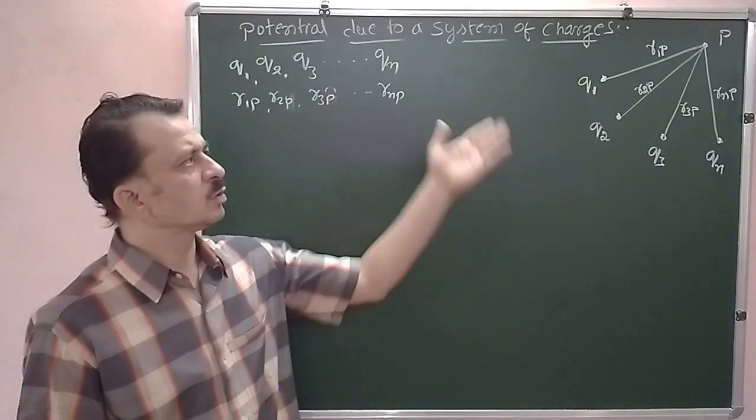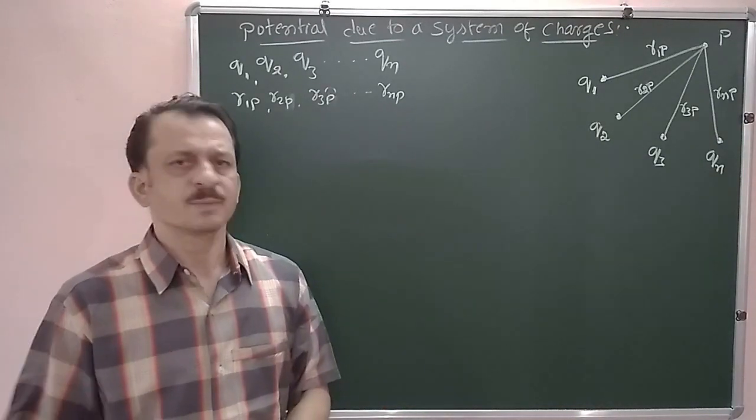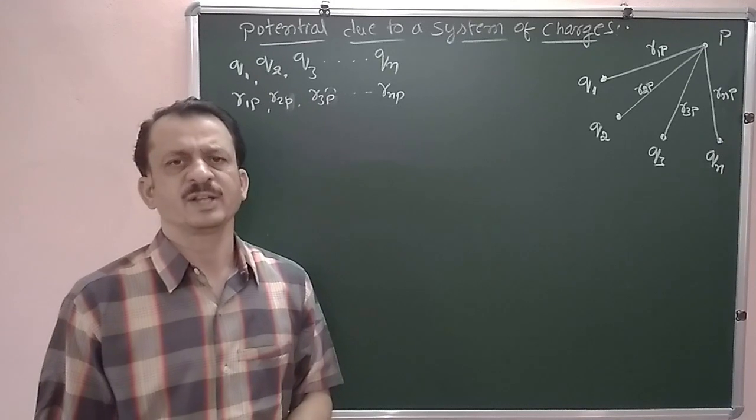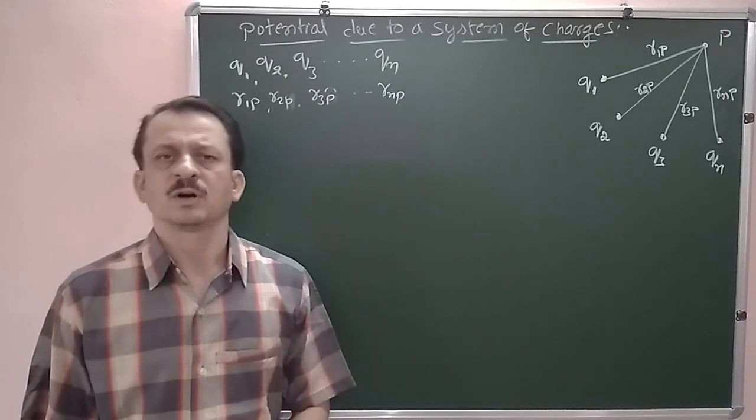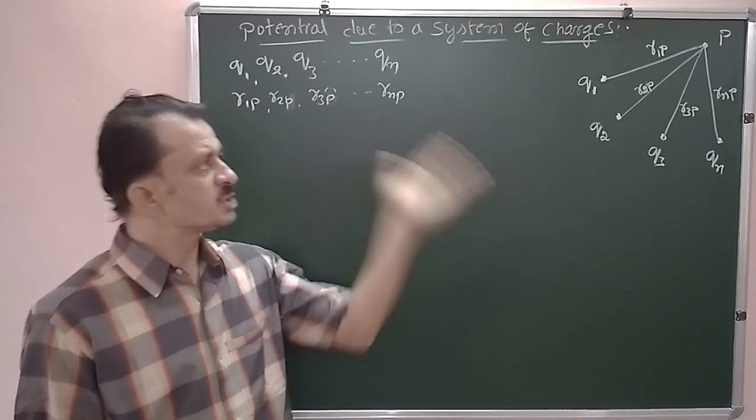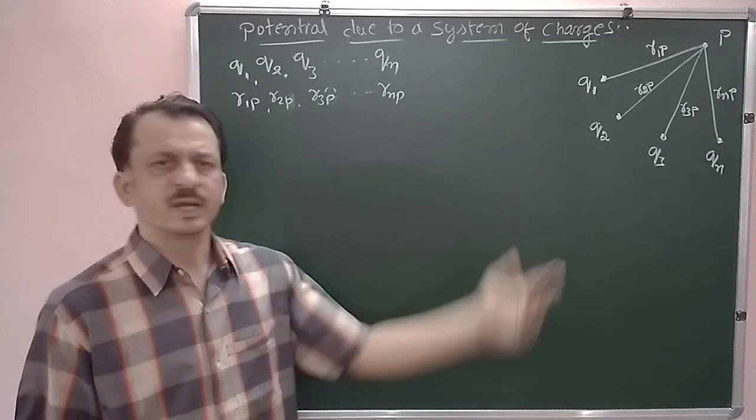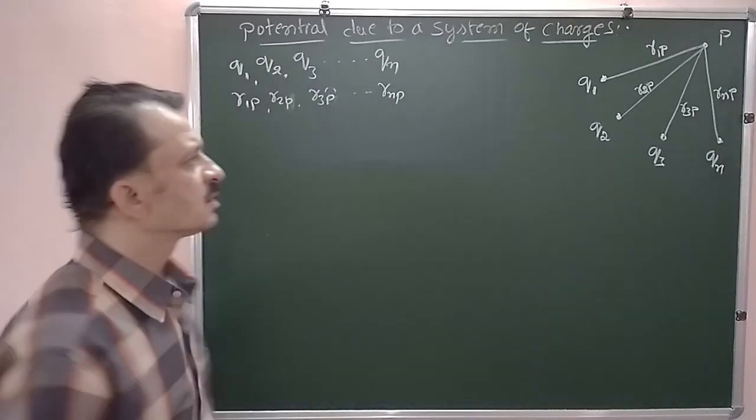That can be worked out using the principle of superposition. That is, it is the algebraic sum of all the potentials at P due to the individual charges.